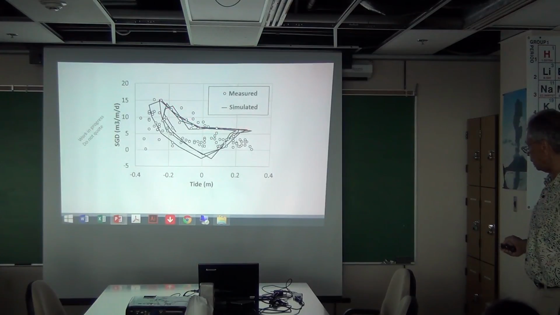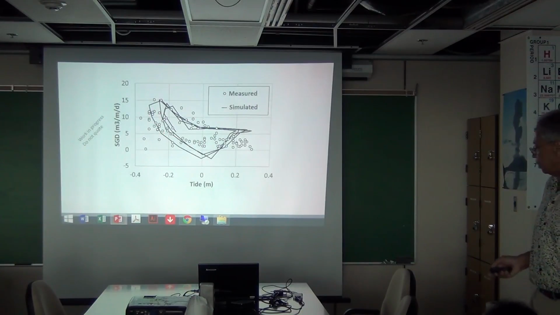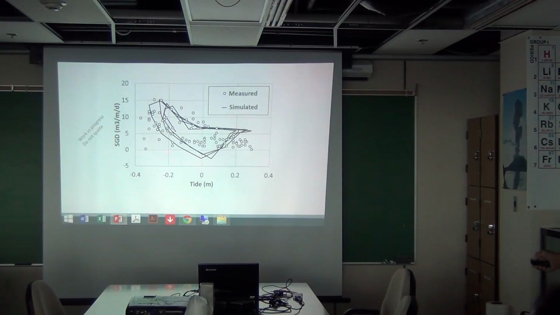So you have decline along this line here. If you have rising tide, they increase, this. Again, declining tide, so you have increase in SGD like this. That's because of the rate of change of tides which controls the flow. So it doesn't follow the same path.